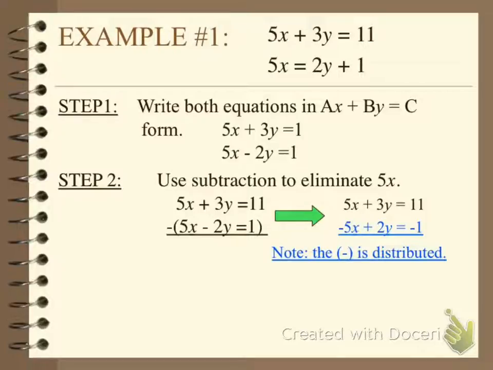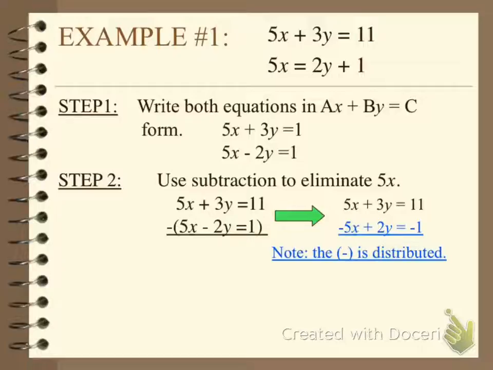Step 2. In this case, this is unlike what we did yesterday. We're not going to add the equations because you notice that we have the same coefficient of x, which is 5, but by adding them, we haven't eliminated anything, right? But if we could subtract them, meaning, and when you subtract, look what happens.